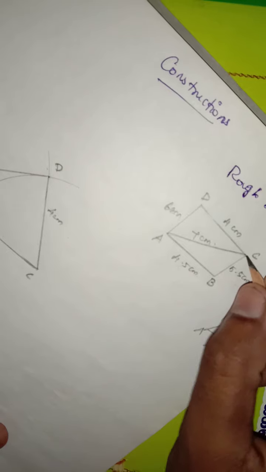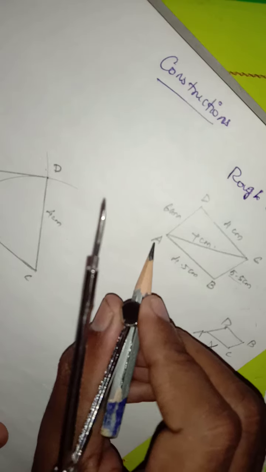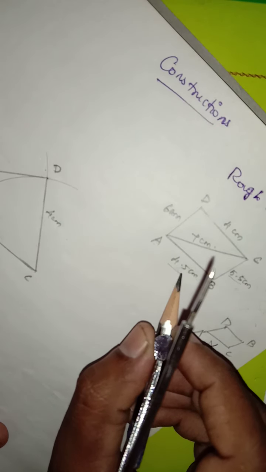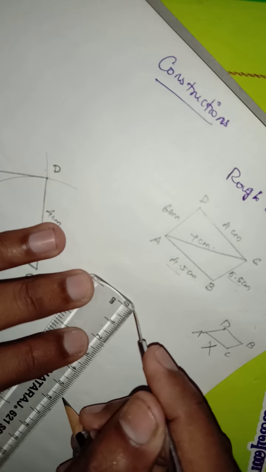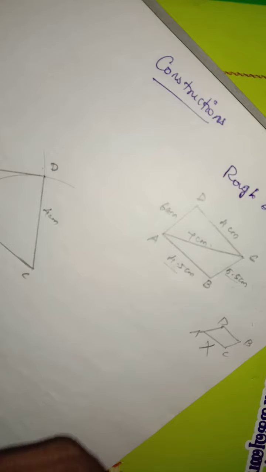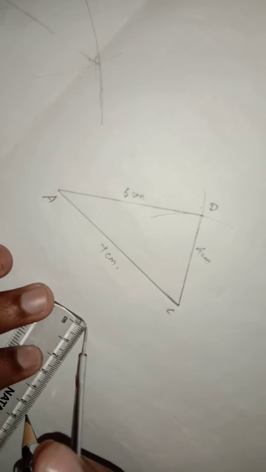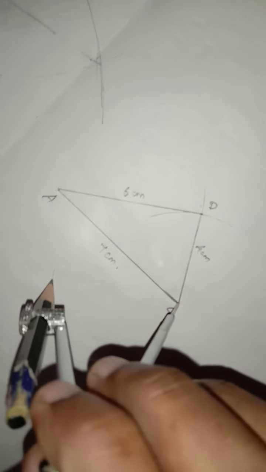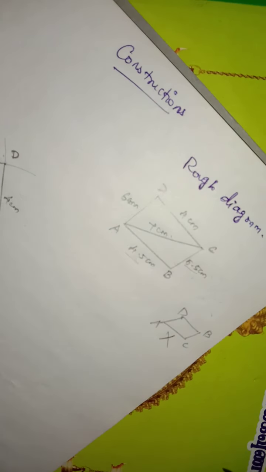Keeping the compass on C, we draw an arc of 5.5 centimeters, and keeping the compass on A, we draw an arc of 4.5 centimeters. On C, draw an arc of 5.5 centimeters like this. On A, we draw one more arc of 4.5 centimeters.